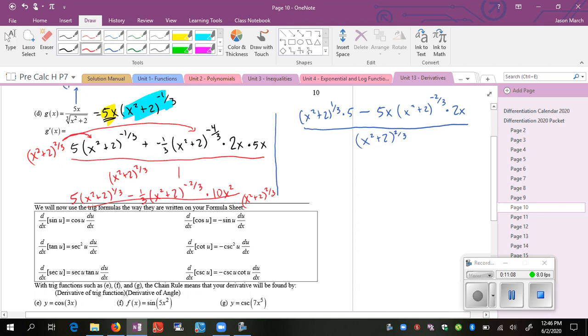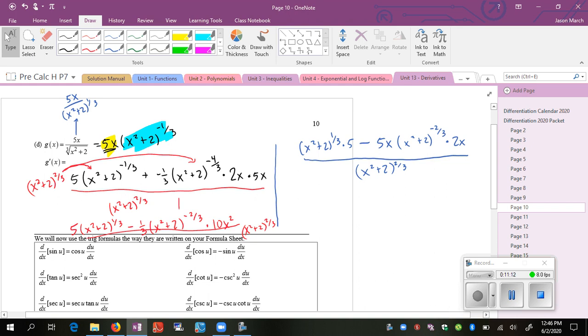Now, these answers are not the same, and I realized that when I did the chain rule, I messed up over here. When I took the derivative, when I did high d low, I forgot to put a 1/3 in front over here. So this should really be a 1/3 in front there. So I messed that up.